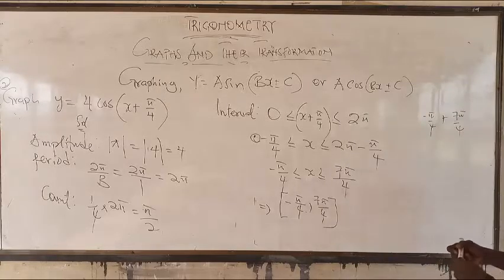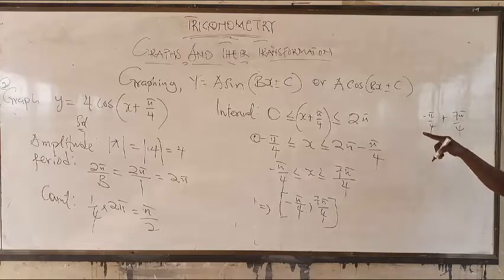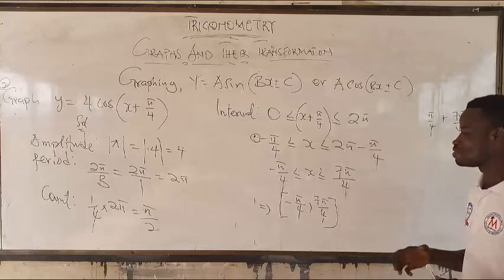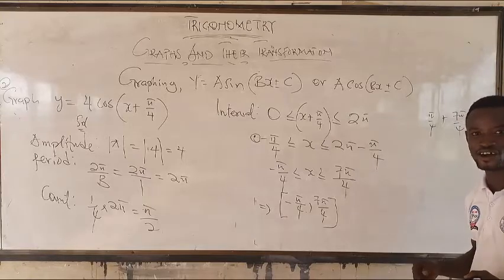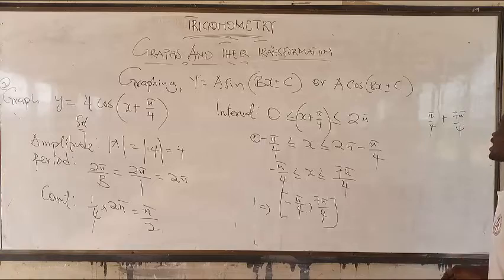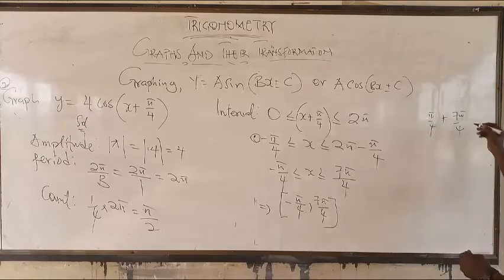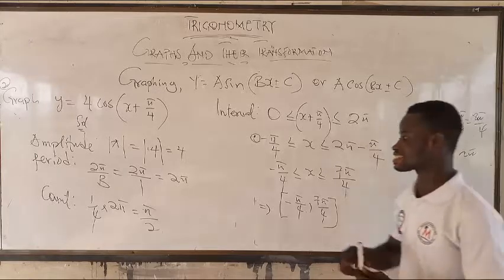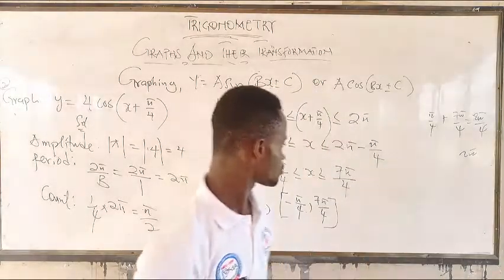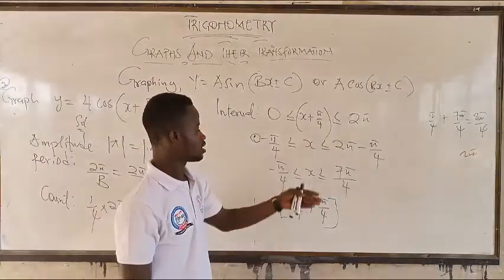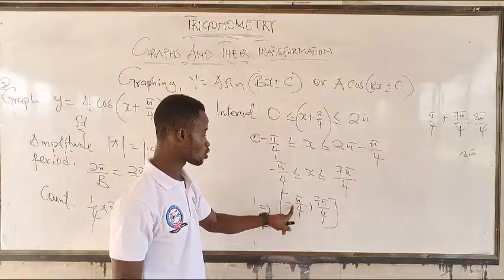When you are adding, that means ignore the negative there because we are talking of interval here, and for interval, we don't include negative, so we ignore the negative. So this is going to give you 8 pi over 4, and that's going to be 2 pi. And that is exactly the period. So for interval, if you are adding to get the period, please ignore the negative.